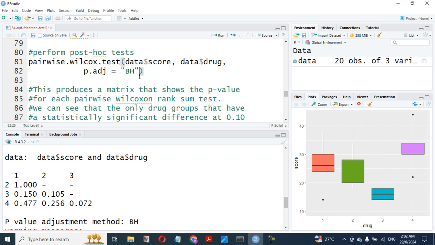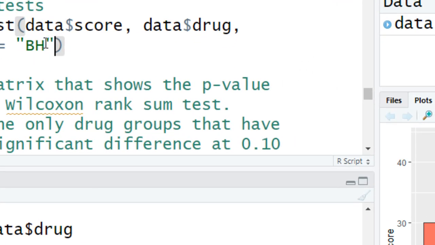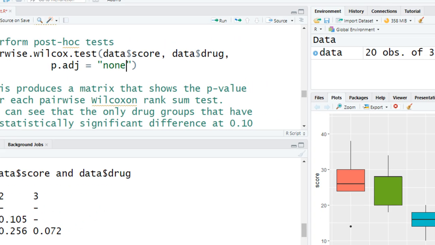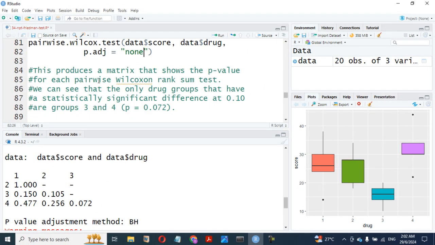If you want to confirm that, we can just change it to none to use our original p-value. Because of the stringency of the adjustment, let's just say none. Let's first see this result.